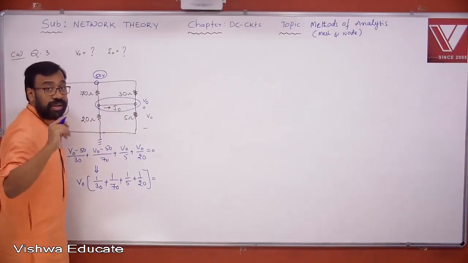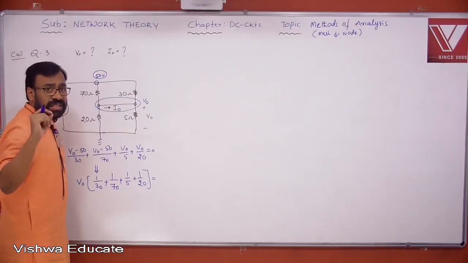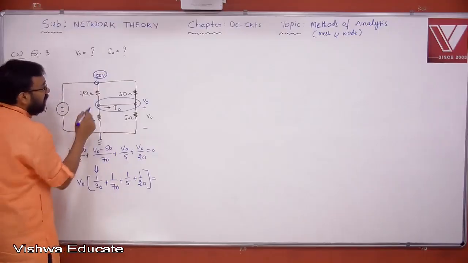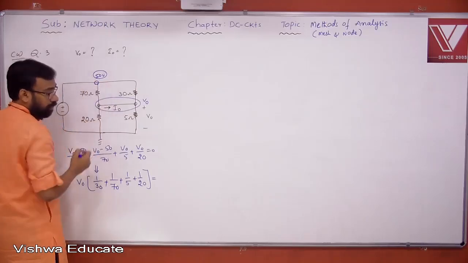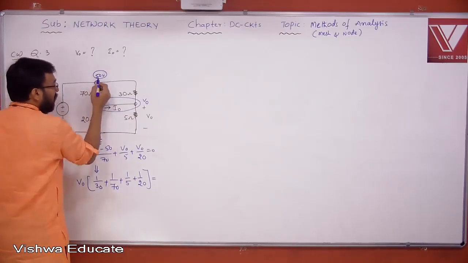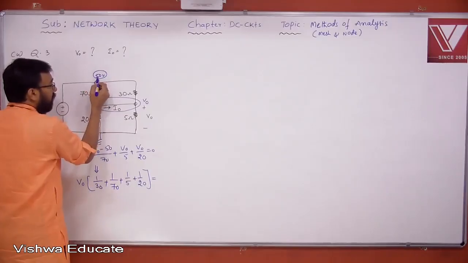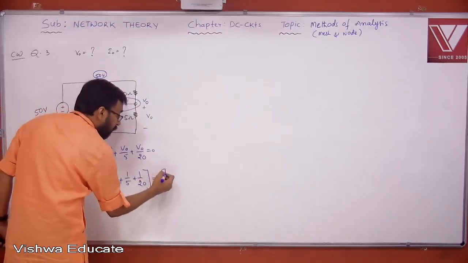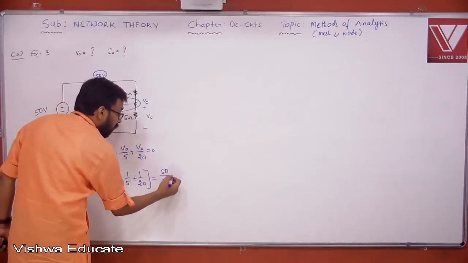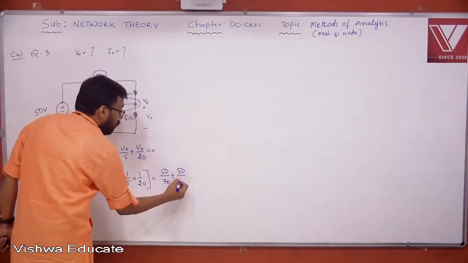This is a special case. What is that special case? The special case is this particular node voltage is a constant value. It is not a variable. If it is a constant value, you must take this constant value divided by whatever the resistor is connected to this particular node. You are supposed to take plus 50 by 70 plus 50 by 30.